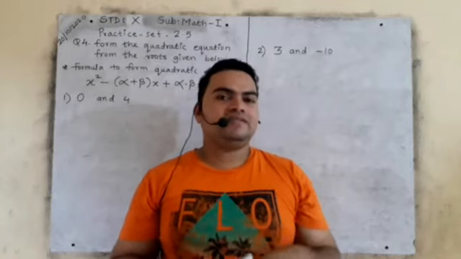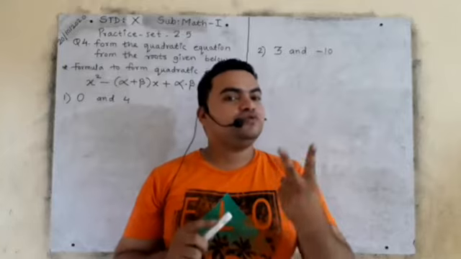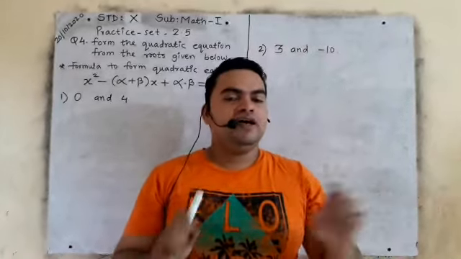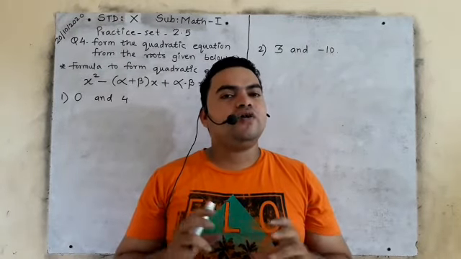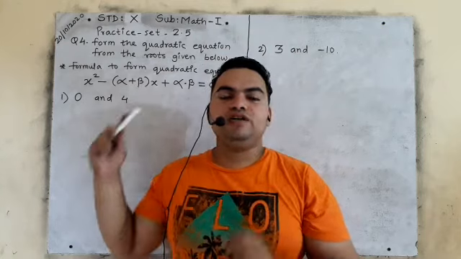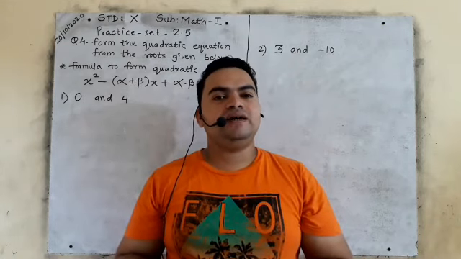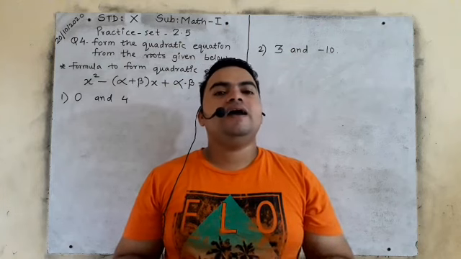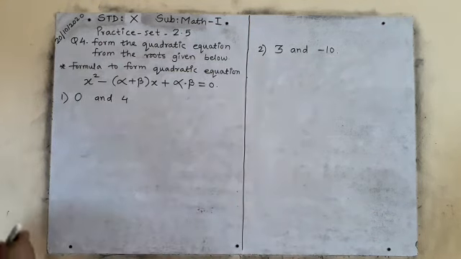Then after it plus alpha into beta means product of the two roots. Which two roots? Alpha multiplied by beta is equals to 0 only. This will be a quadratic equation. Okay, if you want to form a quadratic equation, this formula you should learn. That is x square minus bracket alpha plus beta bracket complete x means multiply by x plus alpha into beta is equals to 0.